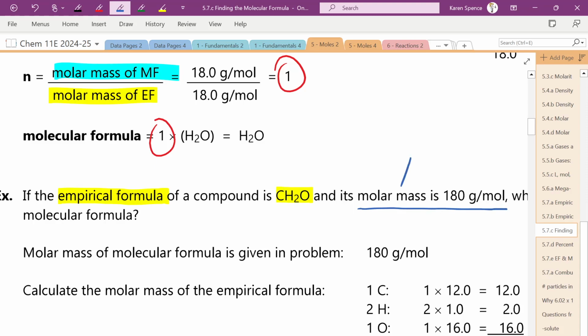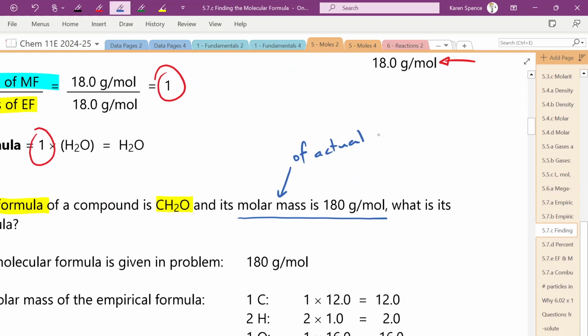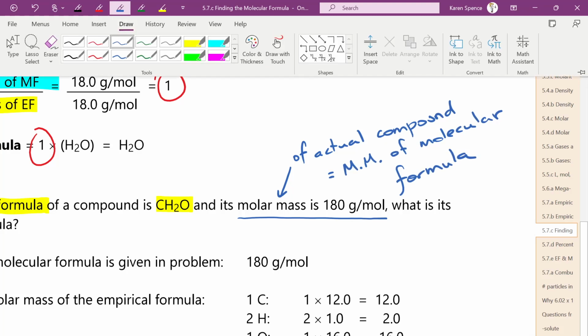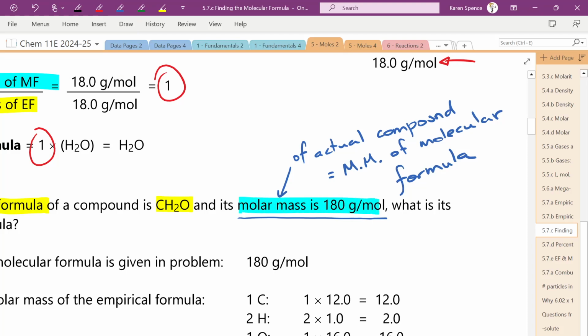So that's going to be the molar mass of the actual compound, which is the molecular formula. So we can color code that one blue. Okay, so now we know the molar mass of the molecular formula.